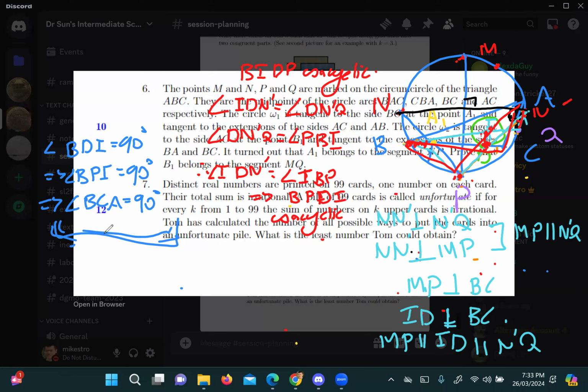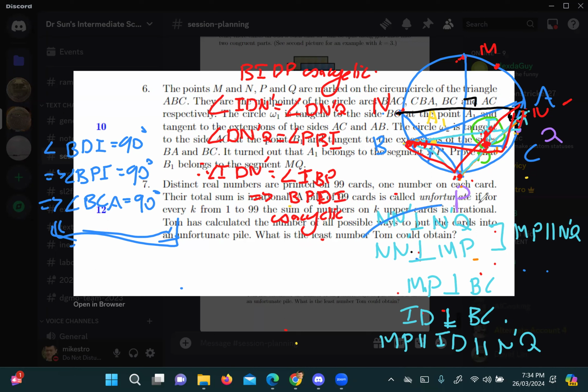Oh wait, so I understood it all, but what are we actually trying to prove? That basically if A1 lies on NP, then B1 lies on MQ. Wait, so did you prove it was if and only if it's 90 degrees? Yeah, we can do the if and only if. All of these are if and only if.